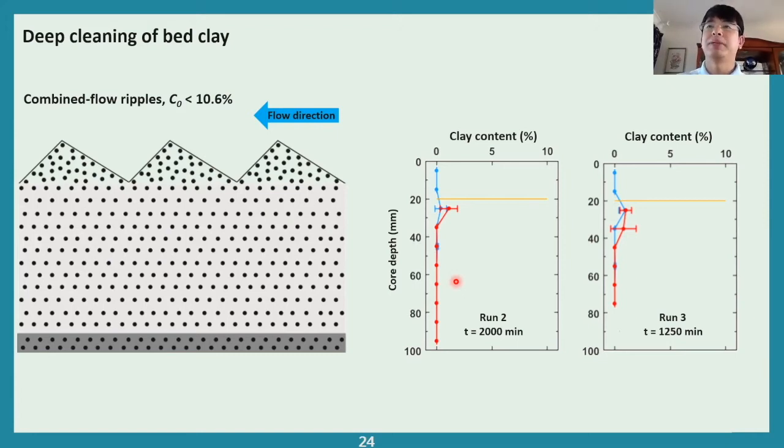The sediment cores demonstrate a small amount of clay stored in the layer just below the ripples. So we suppose this clay re-entered the rippled bed with the hyporheic flow, as shown in this hyporheic path based on a previous study.